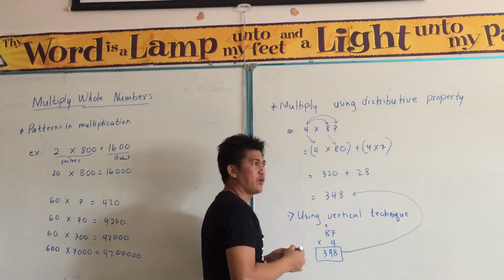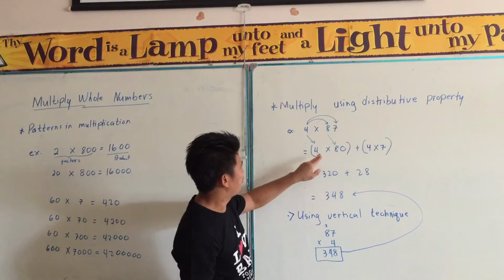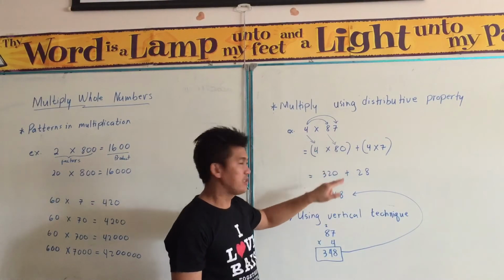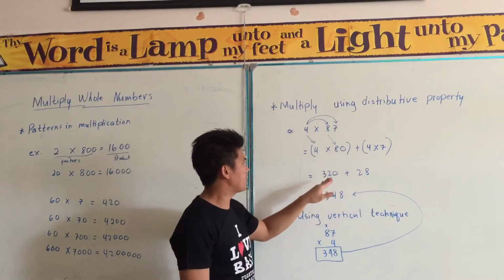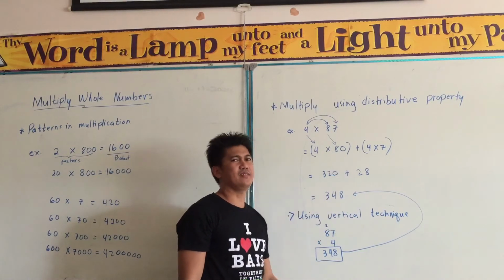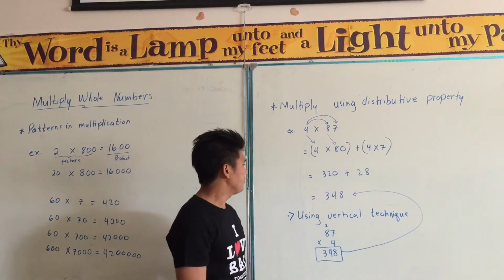That's why it's called the distributive property. And we solve this. 4 times 80: 4 times 8 is 32, plus 0, that's 320. Plus 4 times 7 is 28. So 320 plus 28 is equal to 348. So that is how you can use the distributive property.